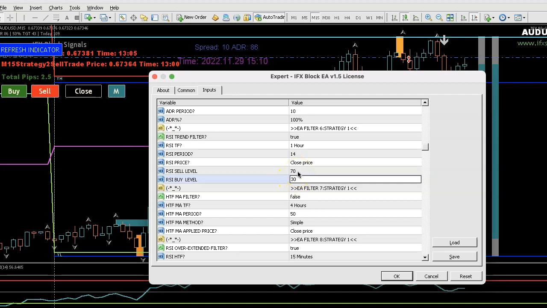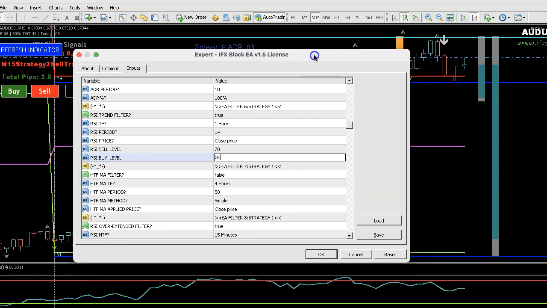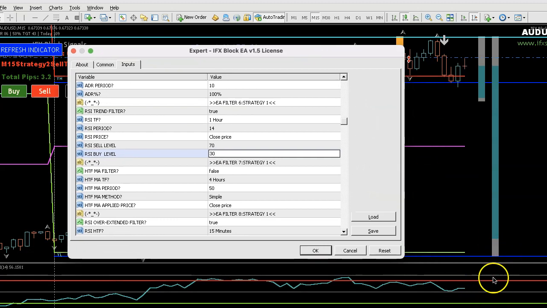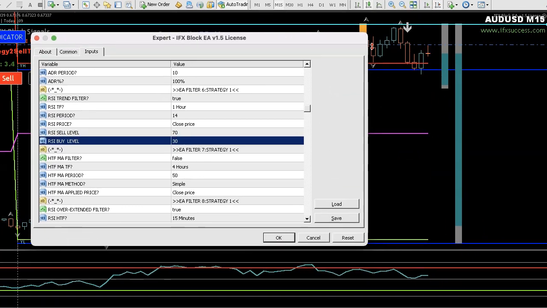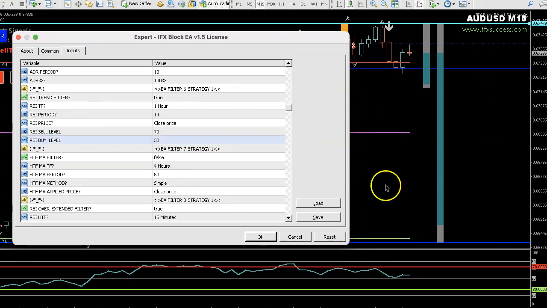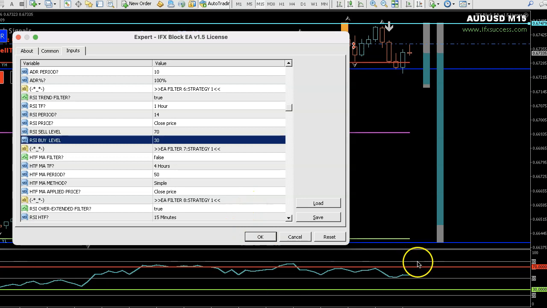Okay, just think about the RSI for a second. Right here at the bottom we have the RSI. This is the M15, but let's just pretend that this is the H1. We're using the RSI different ways in here. We also have it overextended, meaning that if the RSI is below and above 70, pretty much trade inside here. If I get a block, we're trading inside here.